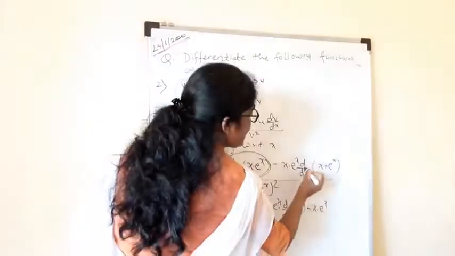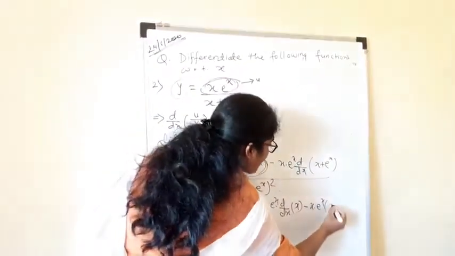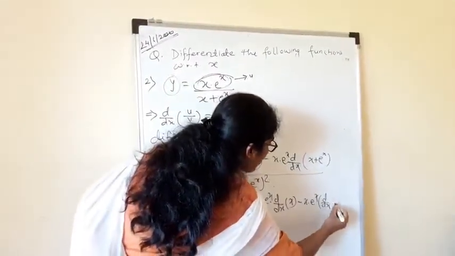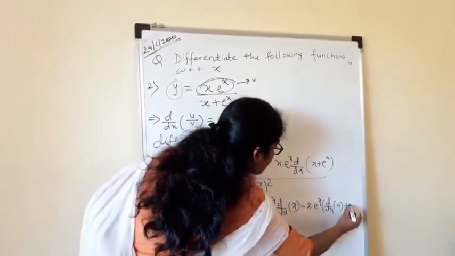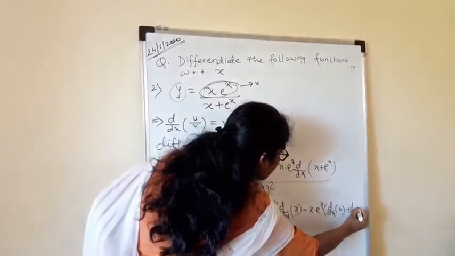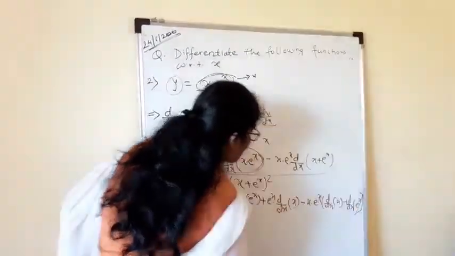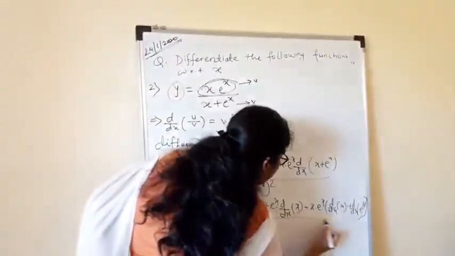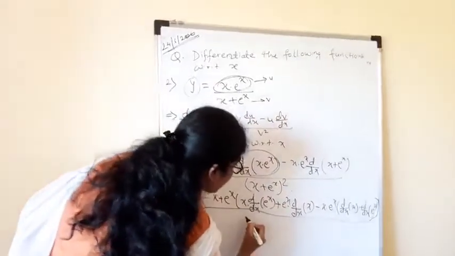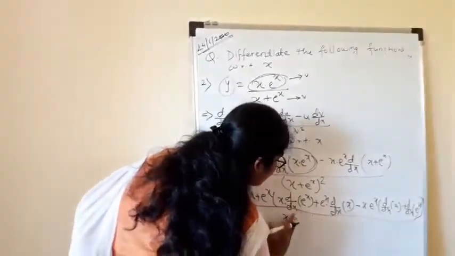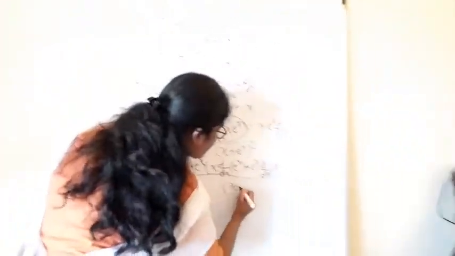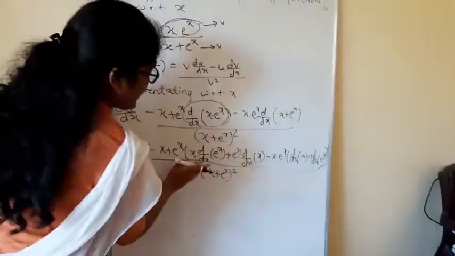Now we will separate this derivative, that means d by dx of x plus d by dx of e raised to x, divided by x plus e raised to x whole bracket square.